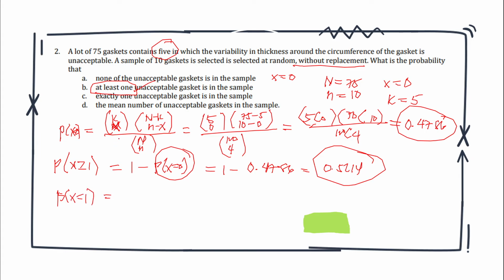By the use of this formula, K, which is 5 taken 1, then we have N minus K, 75 minus 5, taken n, which is 10 minus 1, over the total 75 combination of 10. So again, let's recall with number 1: 5 combination of 0, 70 combination of 10, over 75 combination of 10.